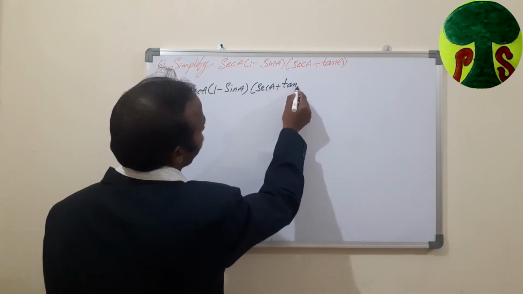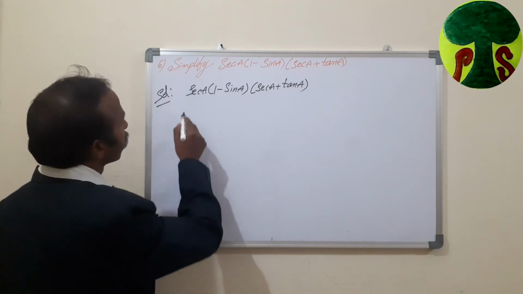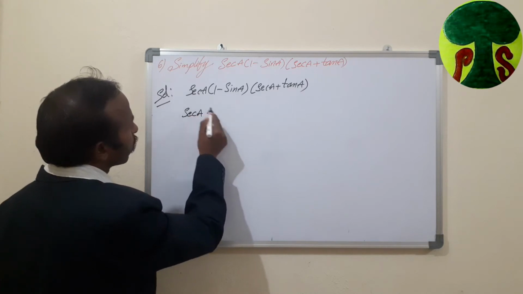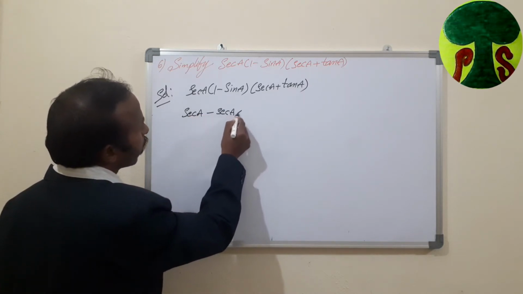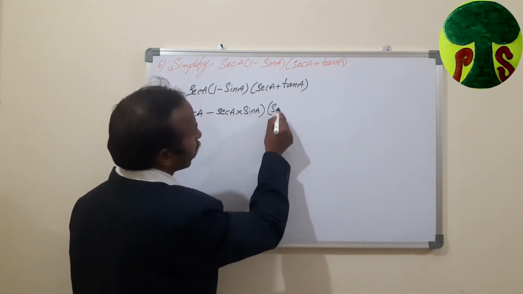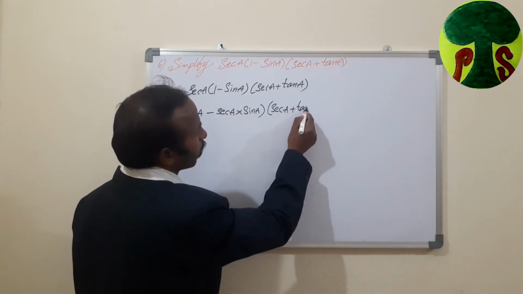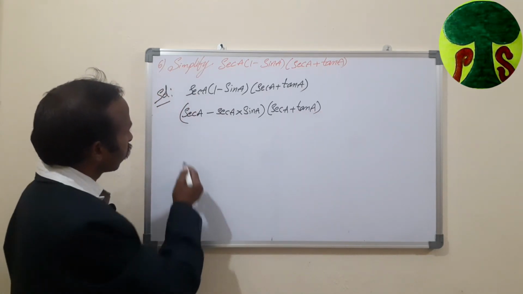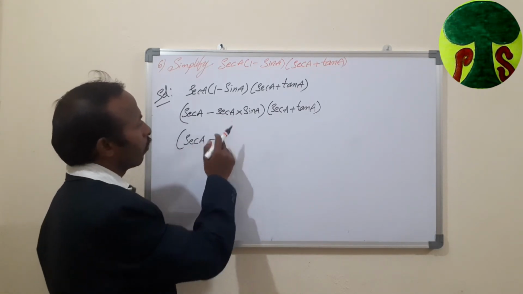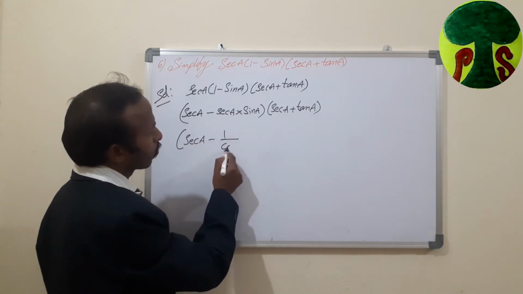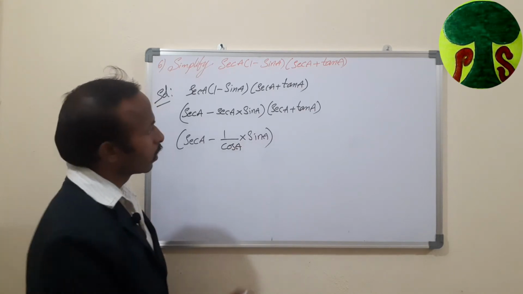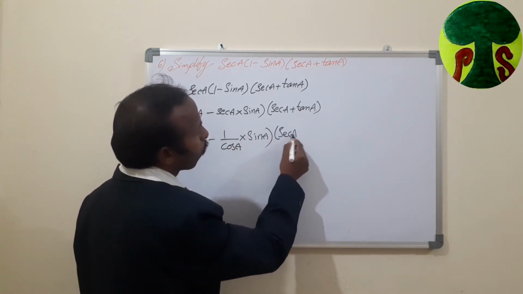Next step, secant A into 1, secant A minus secant A into sin A, into (secant A plus tan A). Now secant A is as it is, minus secant A we can express as 1 by cos A into sin A, into (secant A plus tan A).